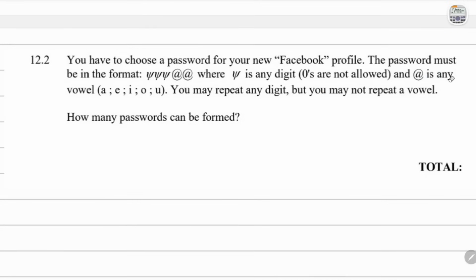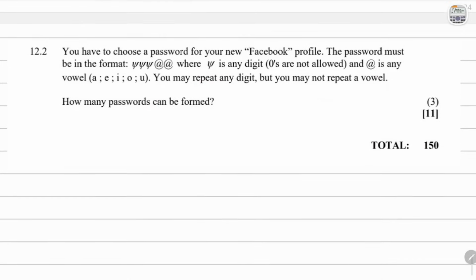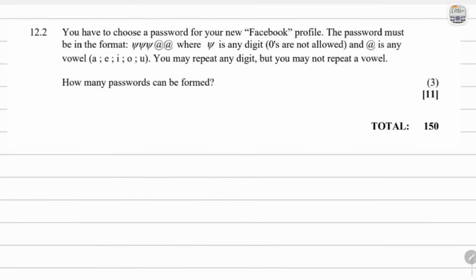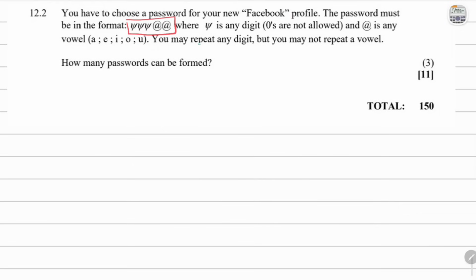And the @ symbol is any vowel, A, E, I, O, U. You may repeat any digit, but you may not repeat a vowel. How many passwords can be formed? Okay, so those are the way this is structured. It's simply just in the format of a digit first, a digit, and a digit. Okay, so we're going to have that there.